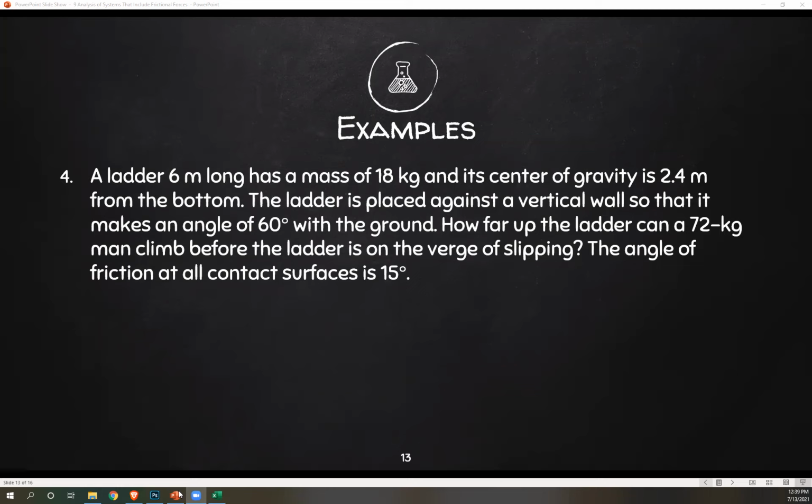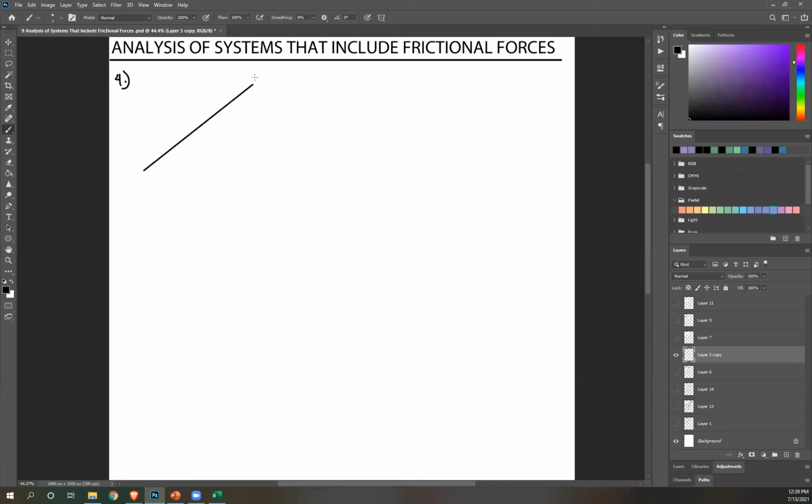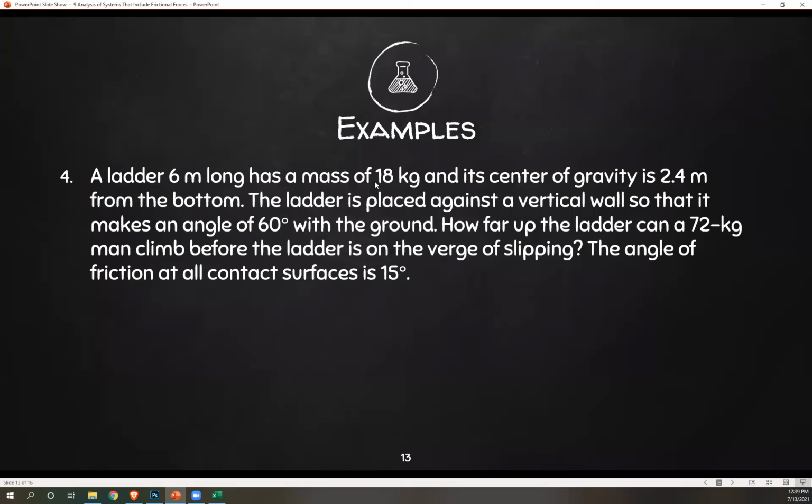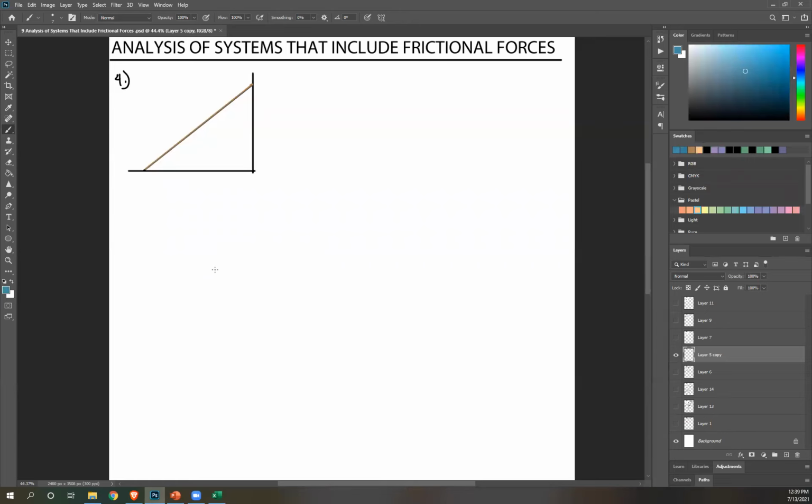So first step is to try to draw what's happening. So we have a ladder, right? 6 meters long. So this is 6 meters. And then we have location of forces. 18 at 2.4 meters from the bottom.